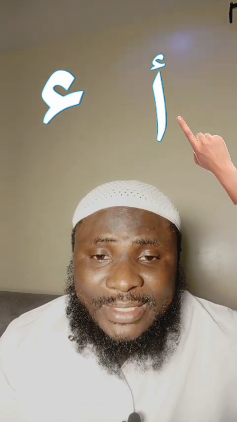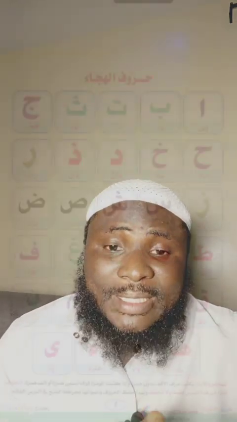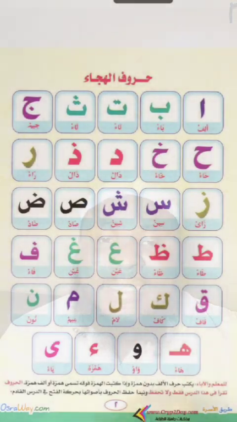Some texts group them as one alphabet, but they both have their own way of being used. So if you keep following us, you are going to see, aside from these two, Alif and Hamza, which are grouped together, in total there are 29 alphabets in Arabic, and here are the alphabets.